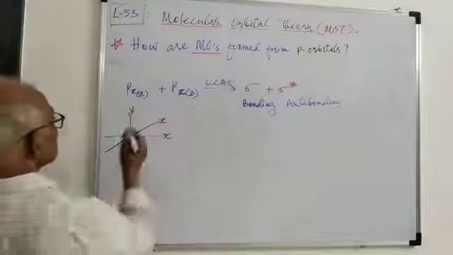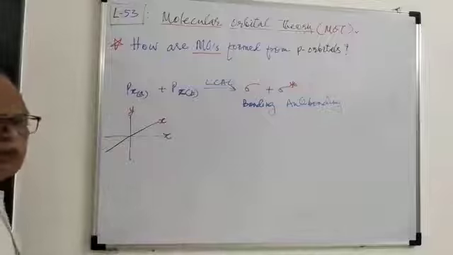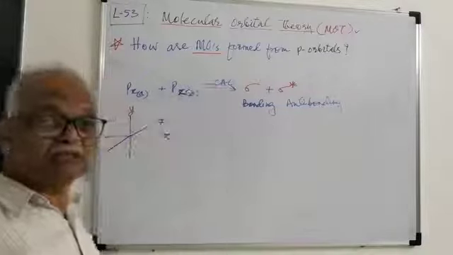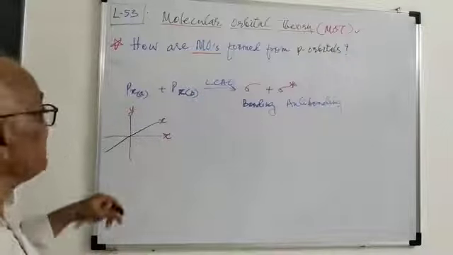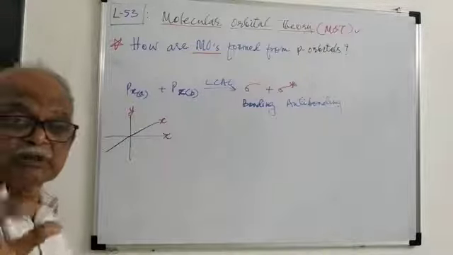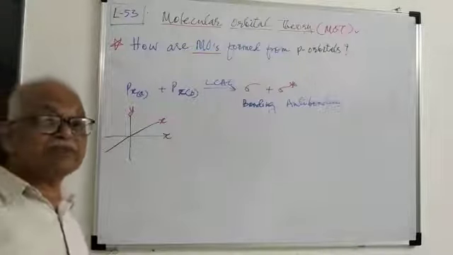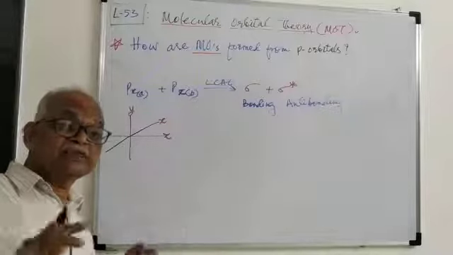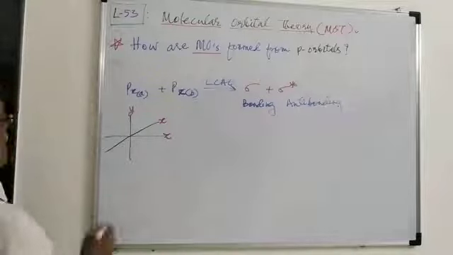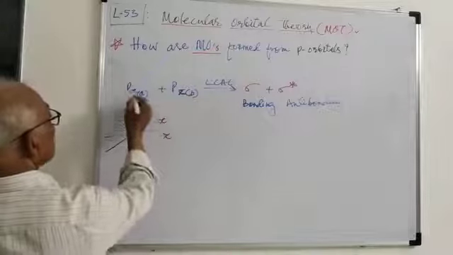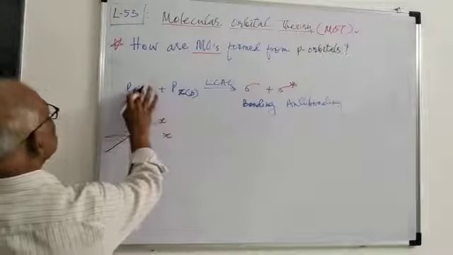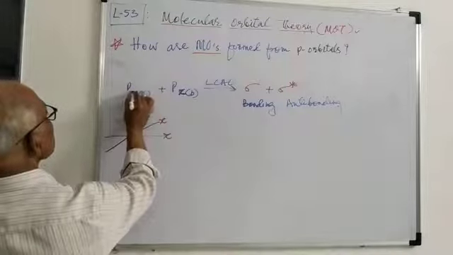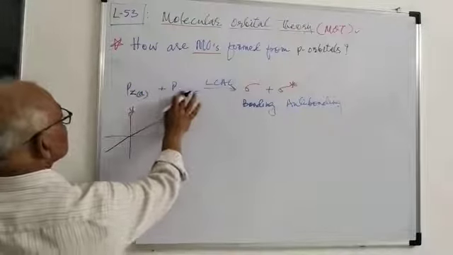In order to undergo the process of linear combination of atomic orbitals, we should have at least two atomic orbitals, of the same or different nature, but of different atoms. Now we will see first the pz orbital, not the px orbital.